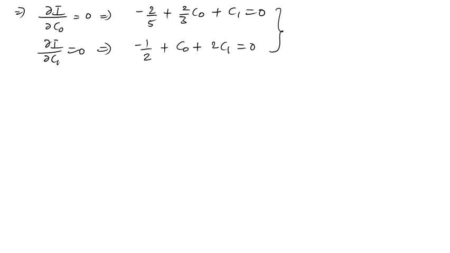Solving these two equations, the c0 value is 9 by 10 and the c1 value is minus 1 by 5.